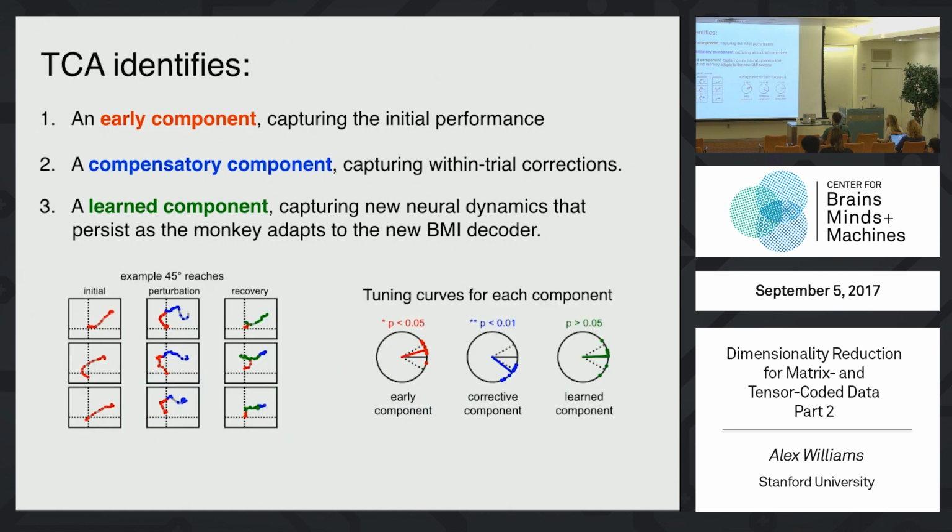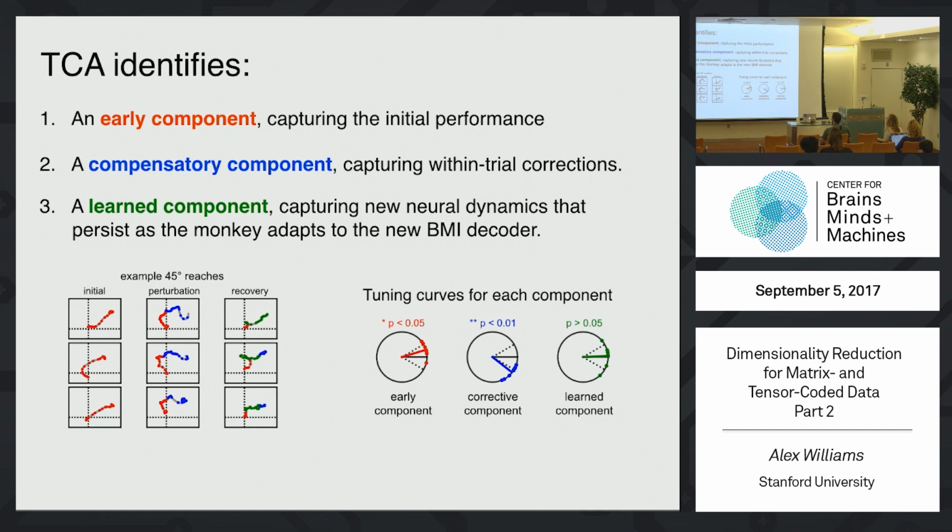And just to give you sort of an idea of what I'm talking about here, in the initial reaches, the red factor, or the early component, is the TCA factor that's explaining the majority of the variance in the data. After the perturbation, the red factor is still most active at the beginning, so the monkey sort of hasn't learned to extinguish these maladaptive dynamics.